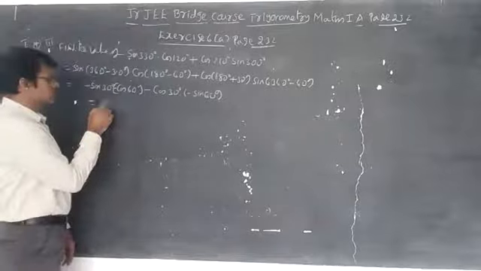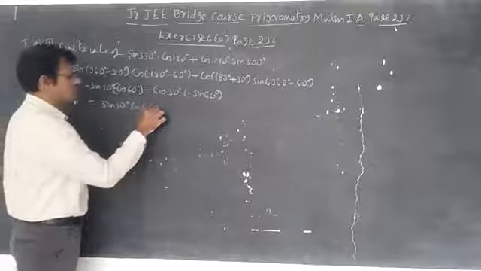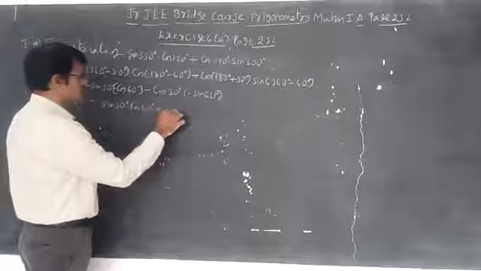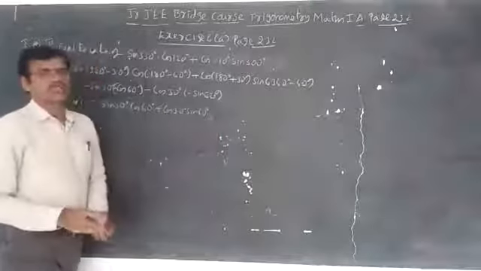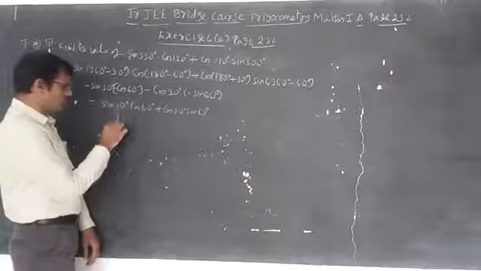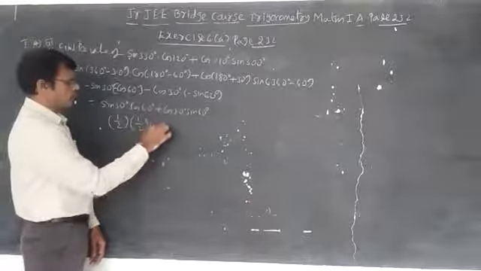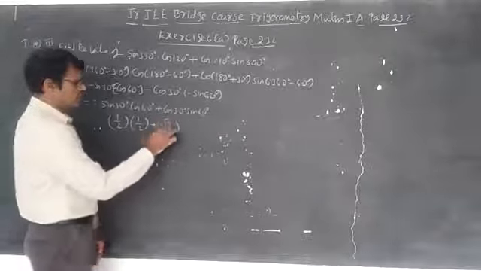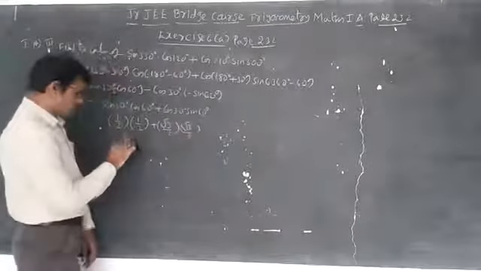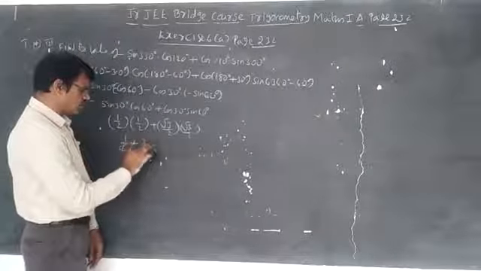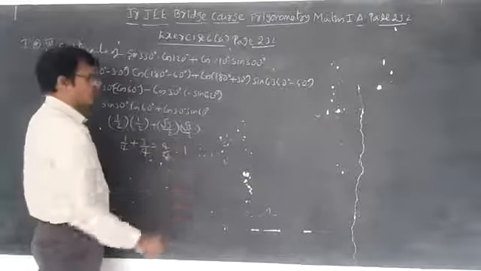So here minus of minus is plus, you can write sin 30 into cos 60. Here also minus of minus, you can write cos 30 into sin 60. This is the compound angle formula, sin A cos B plus cos A sin B. Of course you can write the values here also, 1 by 2 into 1 by 2, and cos 30 value root 3 by 2 into root 3 by 2. So here 1 by 4 plus 3 by 4. Taking LCM it is 4 by 4.